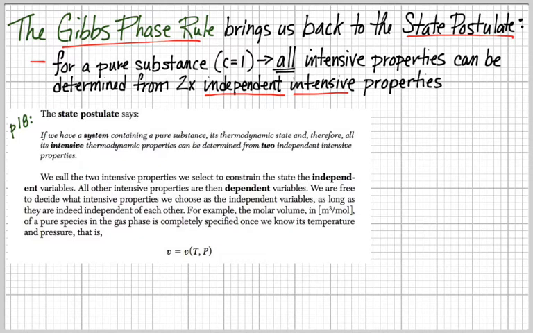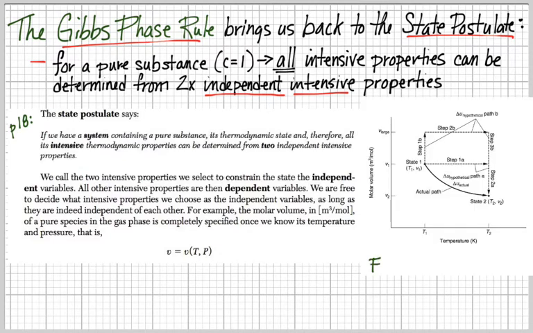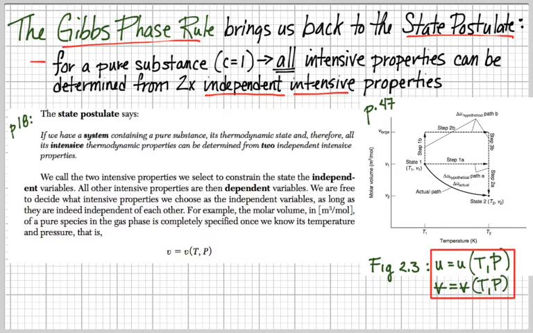So again, remember that the state postulate is just a simplified version of the Gibbs phase rule, but it comes into play quite often, so we see it used a lot. Now, I'm trying to bring something together here on page 47 to show you that the state postulate is being demonstrated to you in Chapter 2 and in Chapter 1.